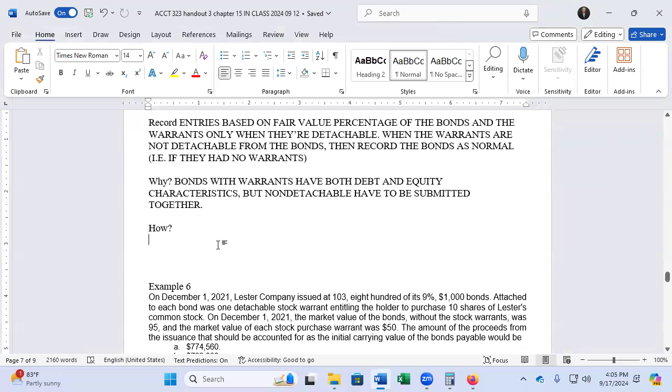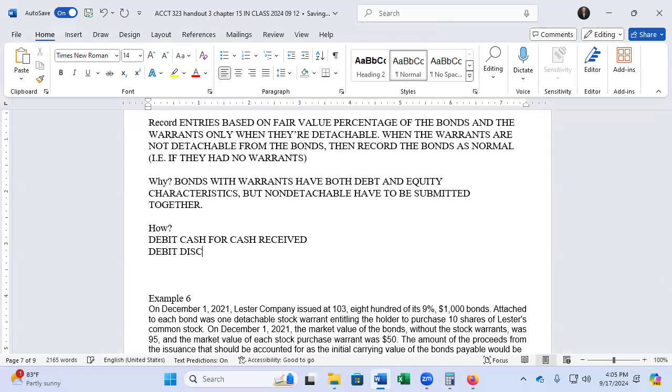So the journal entry: debit cash, the cash received, and debit discount on bonds payable. This would be if applicable. Generally, it's not applicable unless it's detachable, right? Put that in.